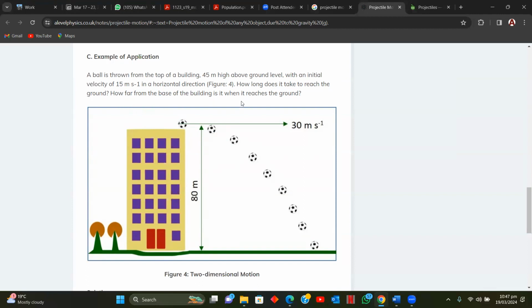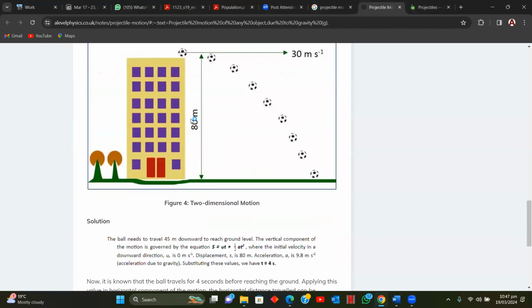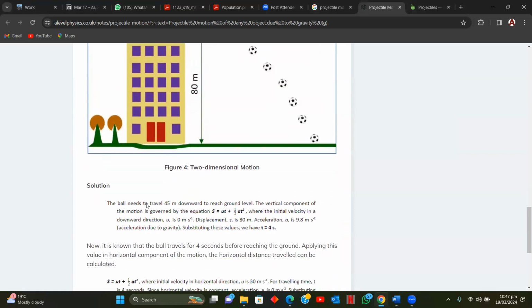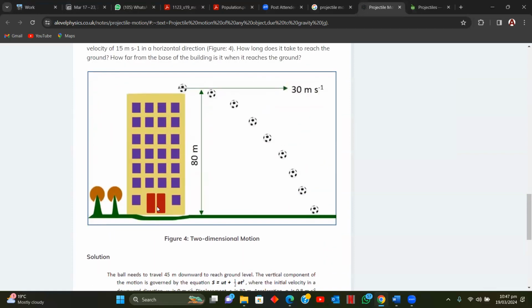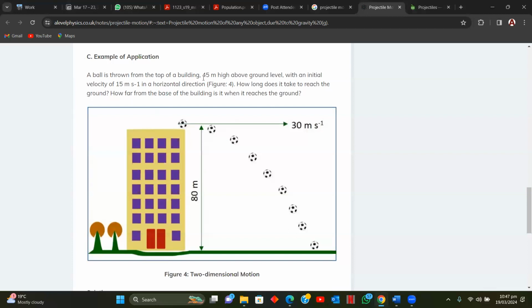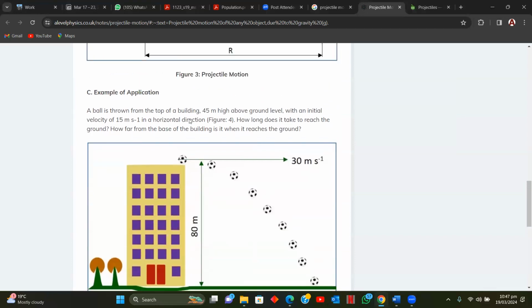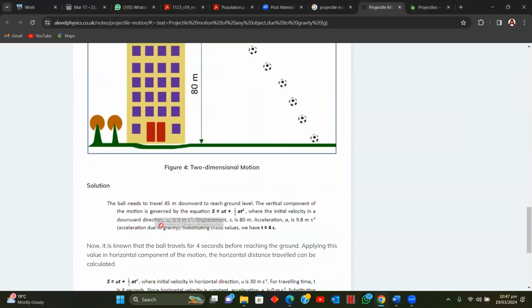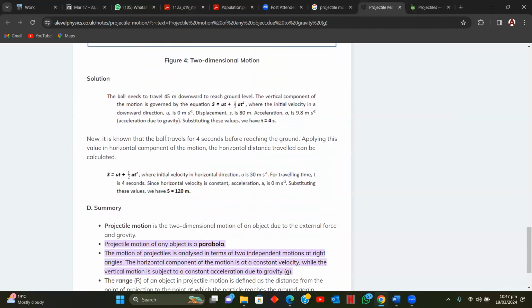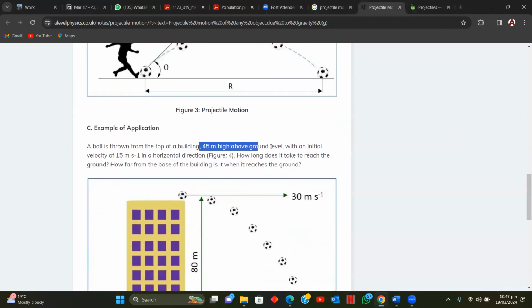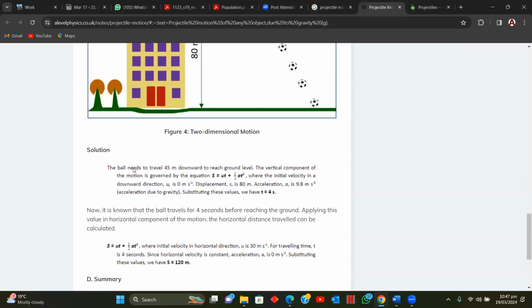How far from the base of the building is it when it reaches the ground? तो यहाँ पे 80 meters is the height और this is how the ball is thrown. अब इसका मतलब ये है कि ball will travel how much? यहाँ पे 45 meters high above the, wait, ये कोई और, मुझे लग रहा है कि डायग्राम इसकी कुछ और है. This is basically the solution. ये देखते हैं कि यहाँ पे 45 meters high above the ground level. इसका मतलब ये है कि the ball needs to travel 45 meters downwards to reach the ground level.